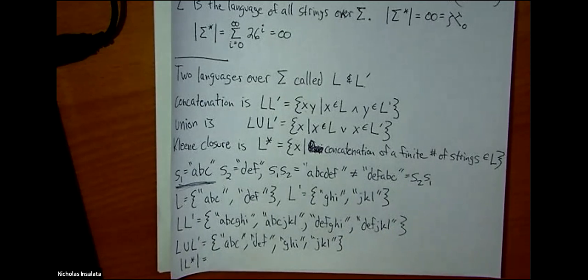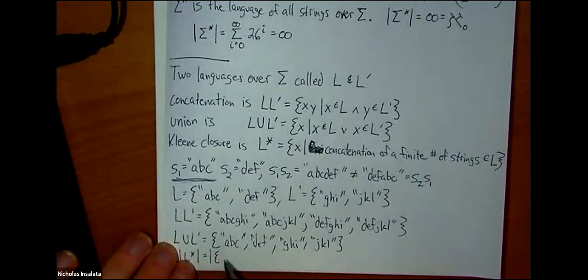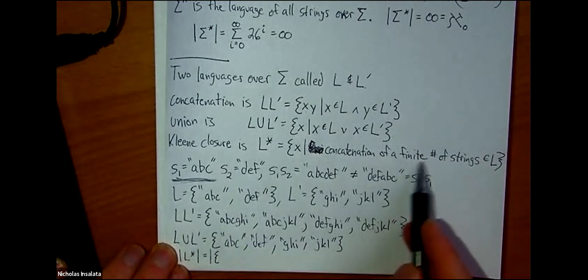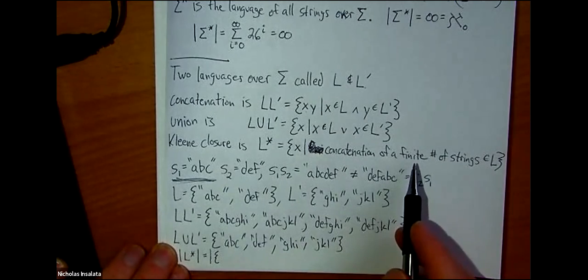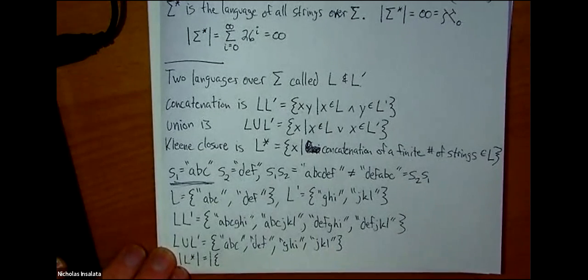So let me do this. Let's list out some elements of the Kleene closure of our language, right? So first of all, the empty string actually is in there because no concatenations is a finite number of them. Yeah, you can do it multiple times, exactly. And you can do it no times, right?